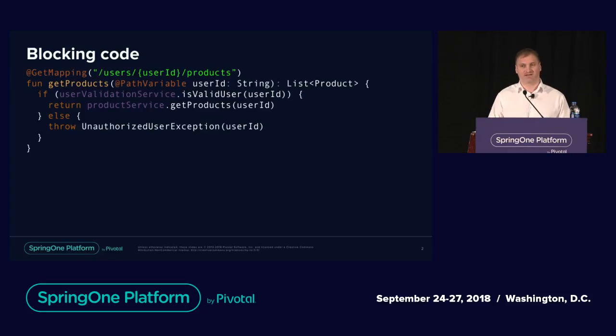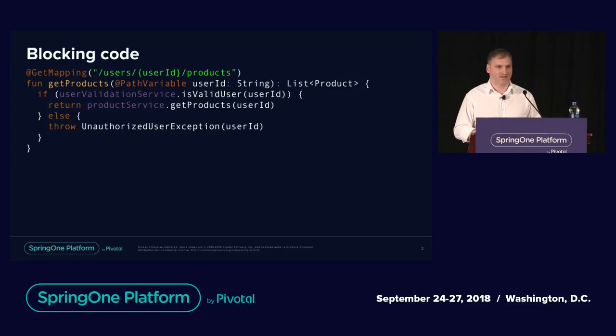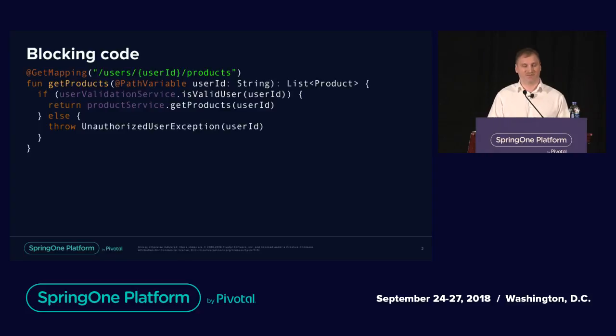And the getProducts function fetches some data from a database server. So it means that at some point in time, they will block because they will send a request over a network, and they will wait for the response. And since they are blocking calls, the threads that execute those functions will be blocked. They will just be there and do nothing.